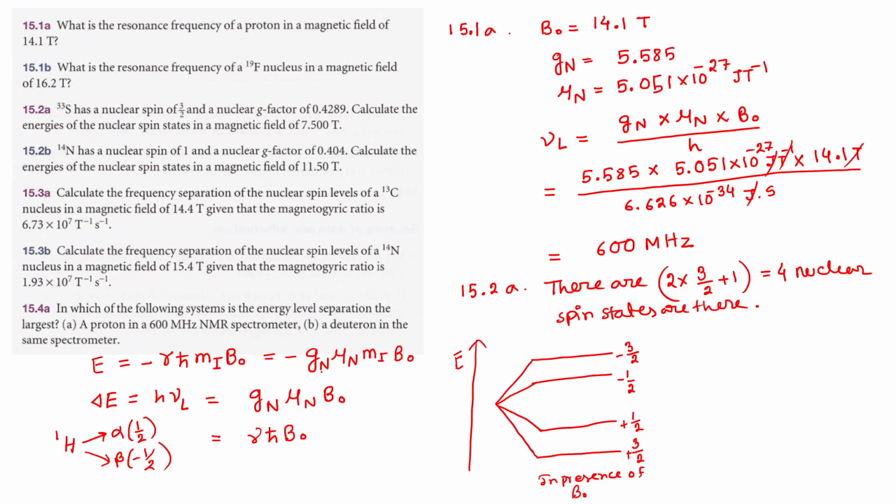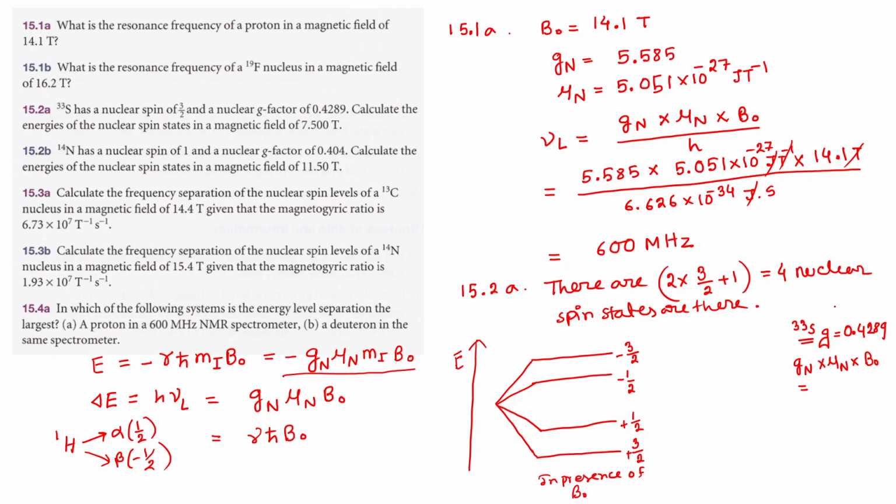I have written the formula here. As you can see, the g value is given for 33S. The g is how much? 0.4289. So let us multiply for 1 and we'll get the idea. What is the value of gn times mu n times B0?